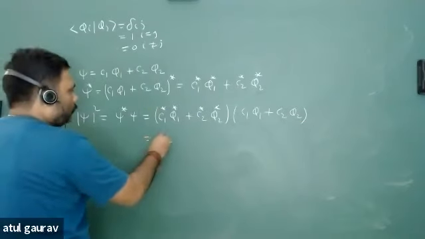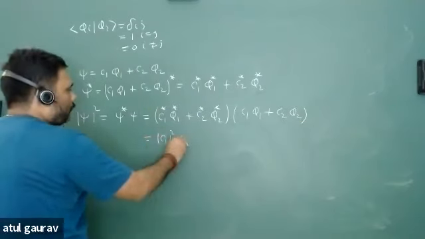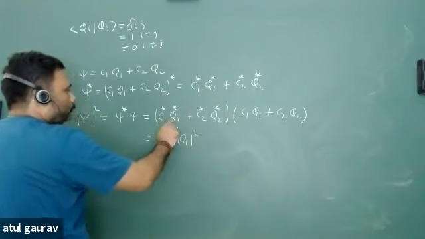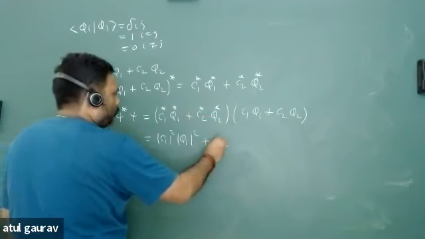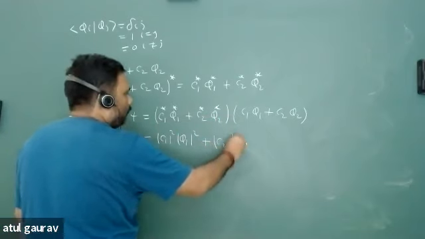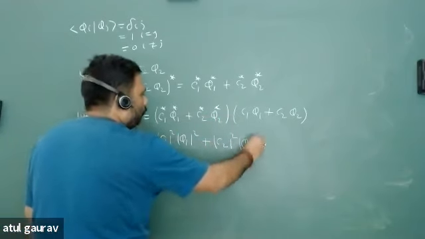We have mod C1 square mod phi 1 square, plus mod C2 square mod phi 2 square.